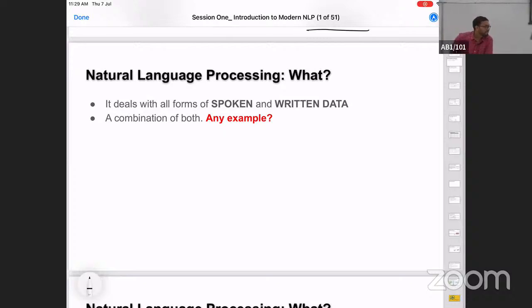Google Lens. Okay, so you are saying Google Lens. What are the inputs here? No, but that is an image. Google keyboard, search box. Okay, but it takes either an image or a text, right? Not both together.